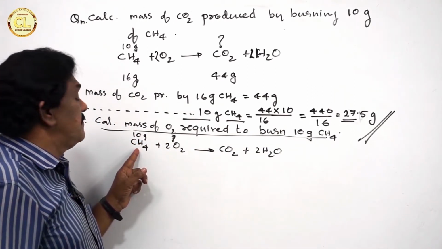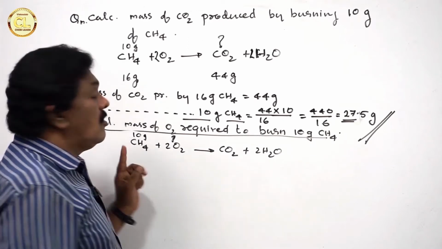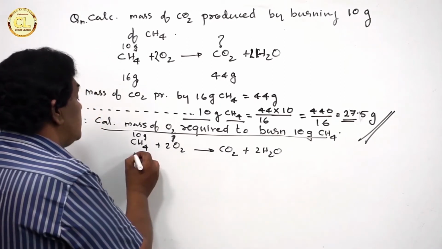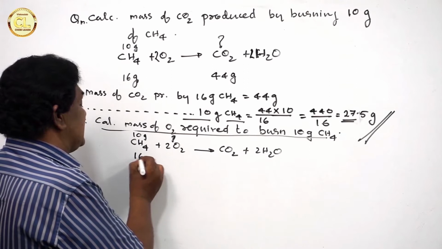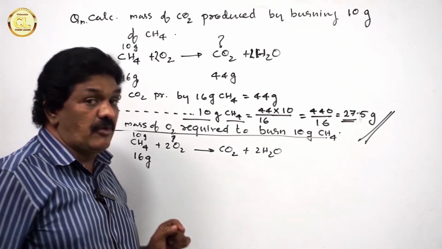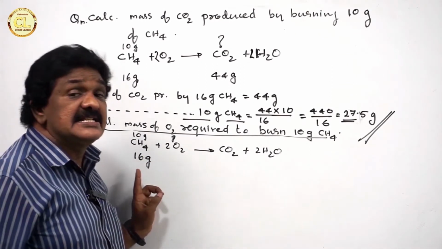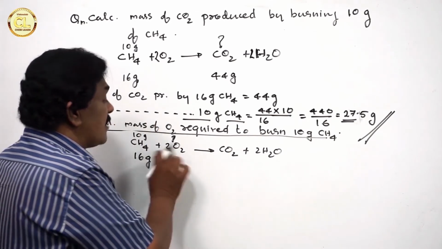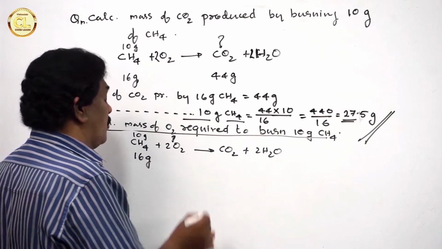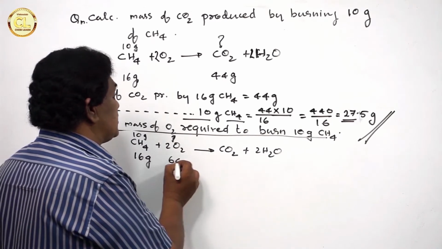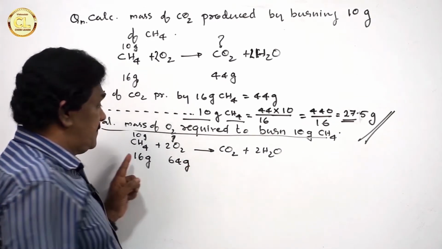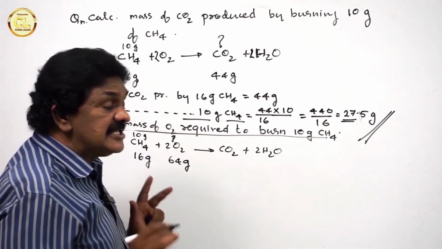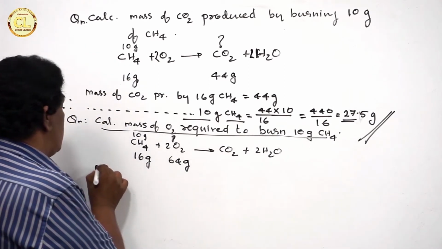Now, according to the stoichiometry of the equation, the mass of methane is 16 gram. And the mass of oxygen is, there are 4 oxygen atoms, 2 into 2, 4. 16 into 4 is equal to 64 grams. So we can write the steps as follows.